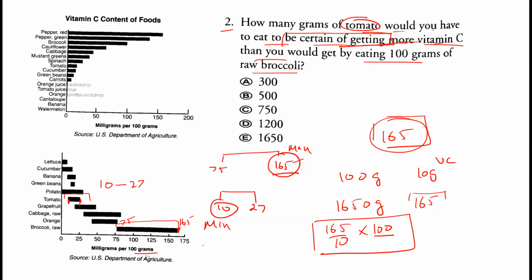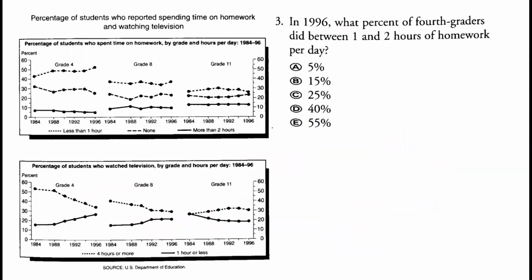So when you eat 100 grams, you get 10 milligrams of vitamin C. So you need to eat 1650 grams in order to get 165 milligrams of vitamin C. So option E is correct.